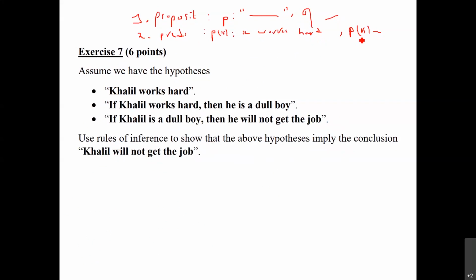So this means Khalil works hard. And you do the same for the rest. So for example, D of X, X is dull. And we have, so this is like P of K implies D of K.